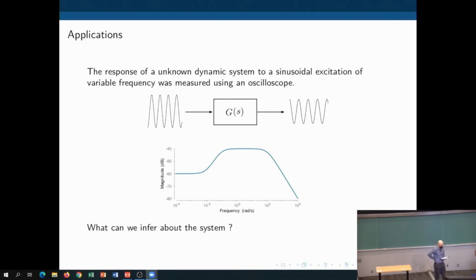Based on this graph here, what can we infer about the system? Can we, for example, determine its transfer function based on that graph, based on the ratio between the input and output when the input is a sinusoidal waveform at various frequencies? And we can indeed. This is sufficient to experimentally determine the function G(s) without knowing anything about the system itself. We can tell from this that it has 1, 0, and 2 poles, for example.